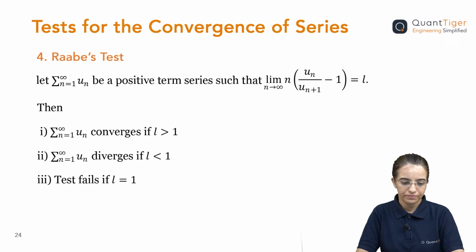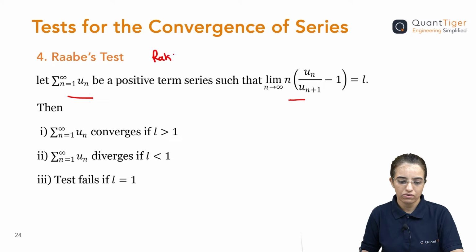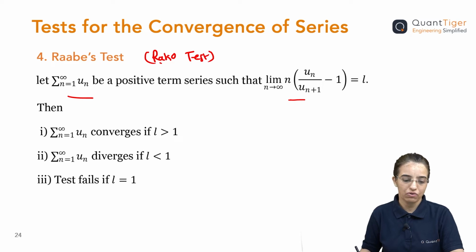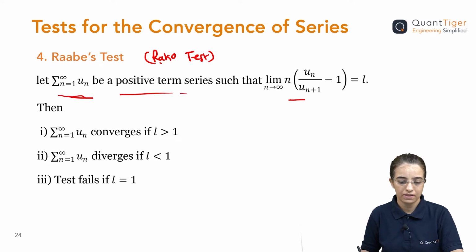What this test says is that we have to take a ratio. It is also called a ratio test, Raabe's test or Raabe's ratio test, because we are taking a ratio of the terms of the series. Let us say un is a given series having positive terms.